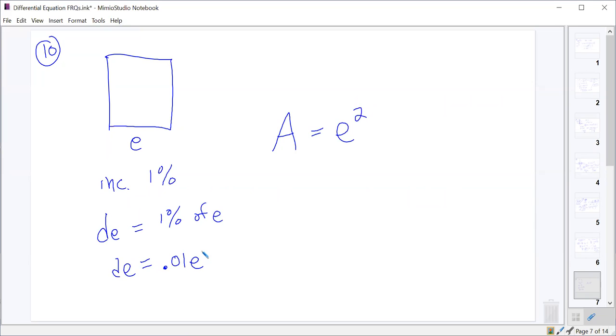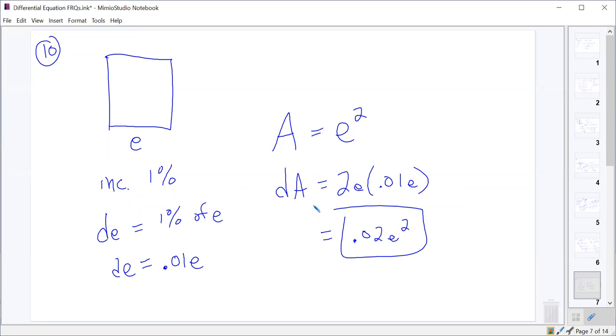And so if dE is 0.01 E, we can say dA is 2E times 0.01 E. I don't know why they're using E as the variable, but that's fine. So that would give us 0.02 E squared. Looks like choice B.